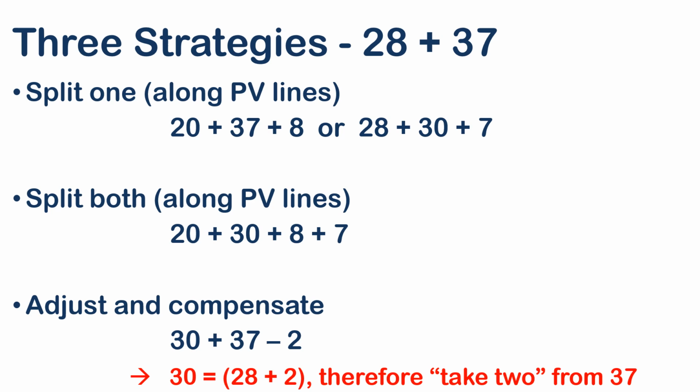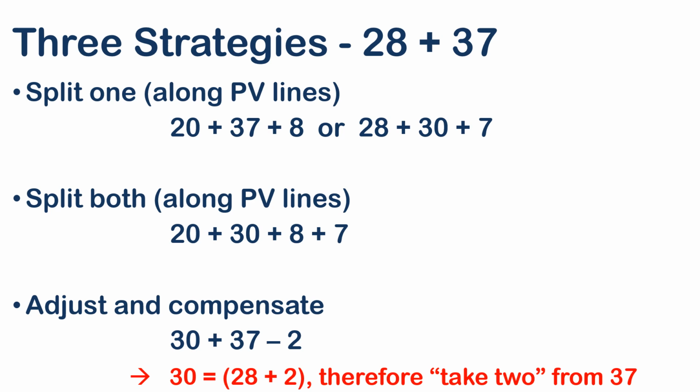And you might be able to see that it could be easier for us to add the 8 to 37, which gives us 45, and then add the 20, which gives us 65. Or in fact, it might be easier on the other side: 28 plus 30, we know that is 58, and then we can, if we need to, count on 7 to get to the 75. So one strategy, along the place value lines, is to simply partition one or two of the numbers.